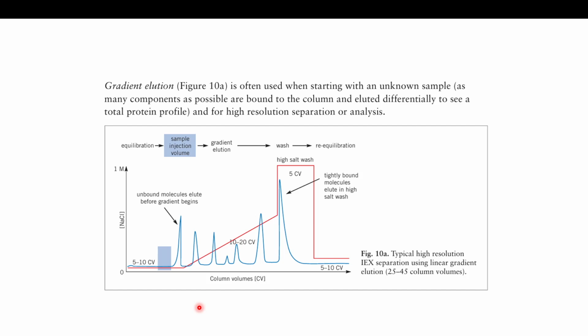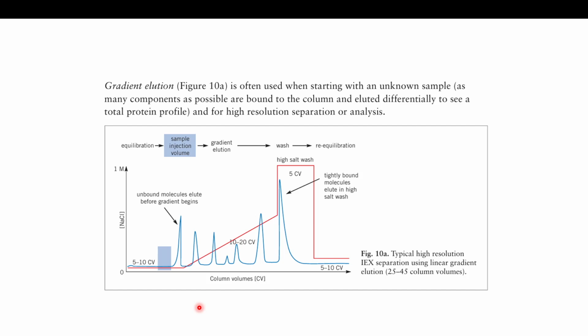Then the gradient won't be exactly 500 or 300 millimolar. It will slowly increase from 0 to 500 millimolar imidazole. The concentration will slowly increase.